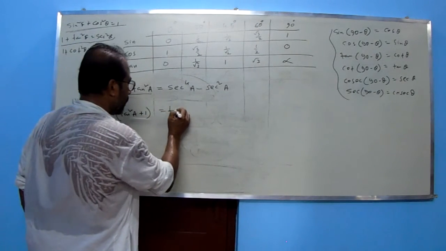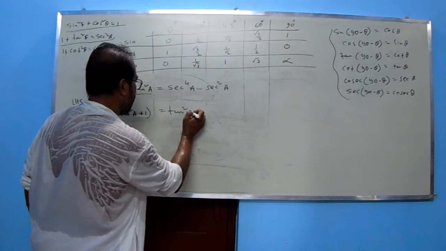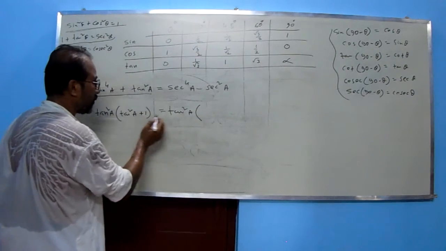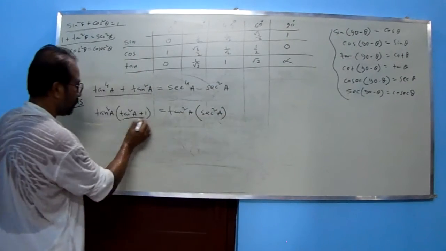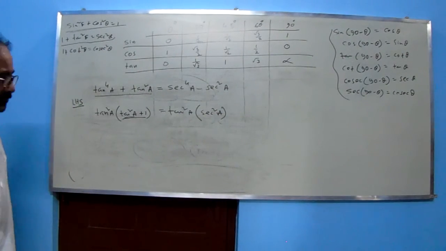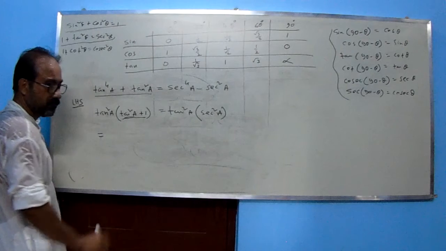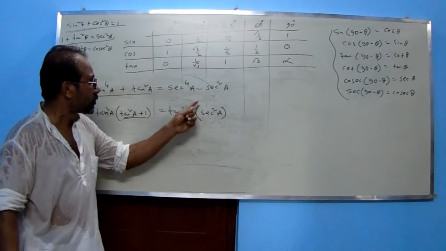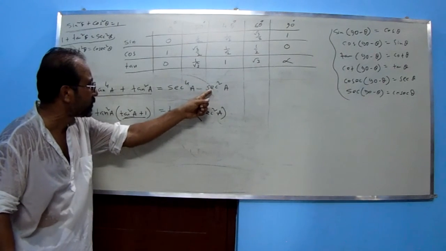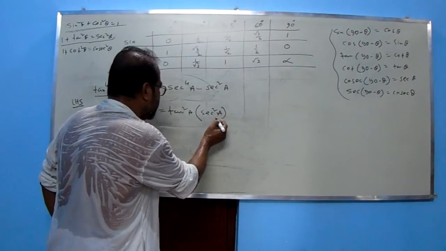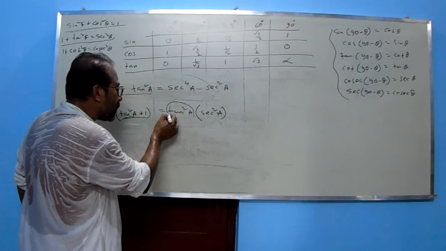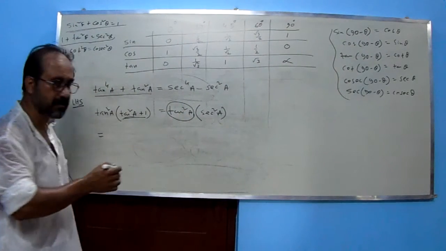So tan square a within bracket 1 plus tan square a means sec square a, by the formula. So sec has already come, it is reached. Now what about this tan square? It should now be eliminated.